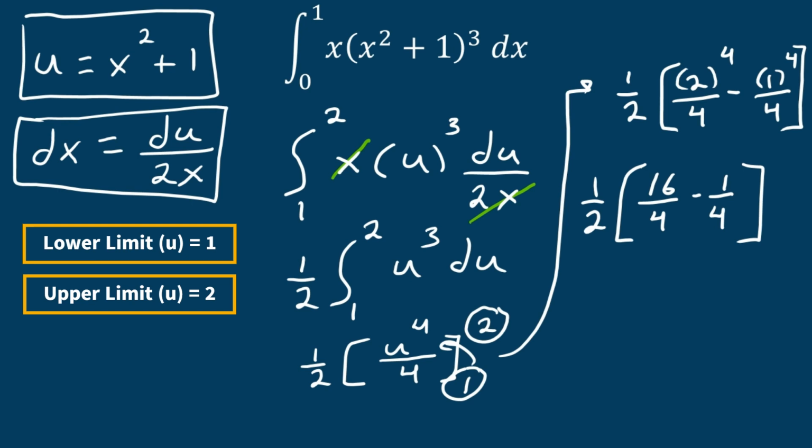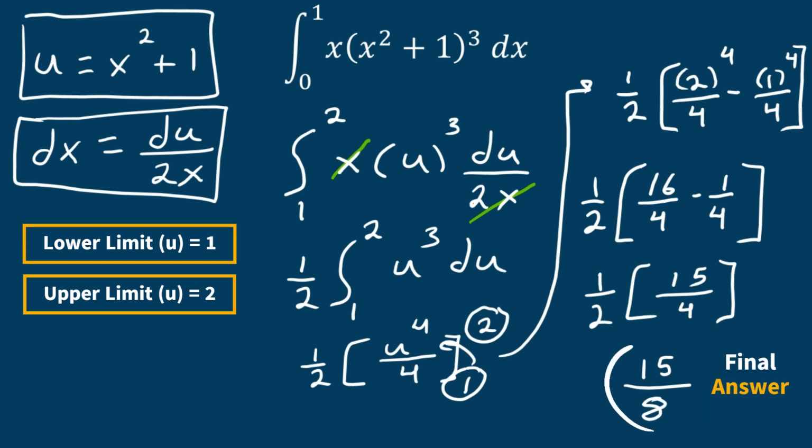And now we go ahead and simplify further. We have 1/2 times 16 minus 1 is 15 over 4. Now the last step is distribute the 1/2. So from here, we're going to have 15 over 8. And that's going to be our final answer.